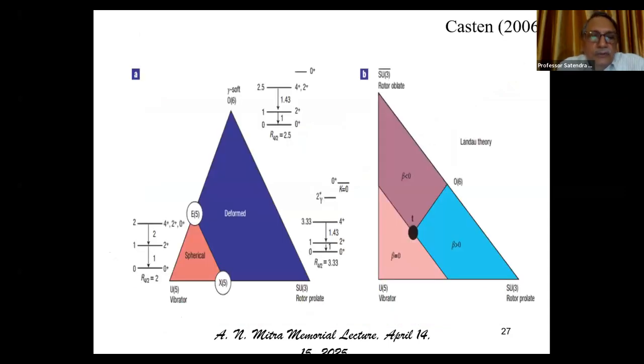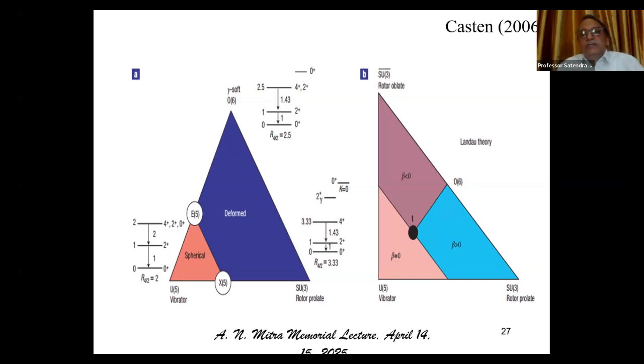This is the Casten triangle showing the three dynamic symmetries, U5, SU3, and O6, on the left-hand side. Then you have the special symmetries, X5 and E5. X5 is on the U5 to SU3 transition, while E5 is on U5 to O6.